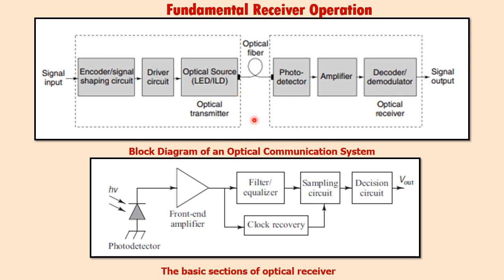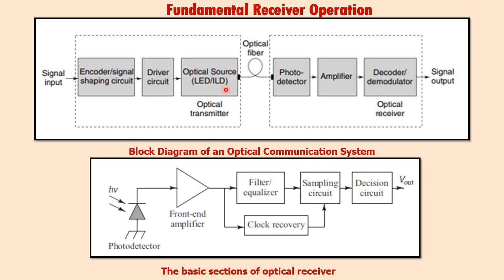Now we can look into this block diagram, which consists of the optical transmitter on your left-hand side and the optical receiver on the other side. In between this optical transmitter and receiver is the medium called optical fiber, which we discussed so far. This is the actual input signal that is given to the encoder, or we can call it a signal shaping circuit. That will be connected to the driver circuit and next to that the optical source.